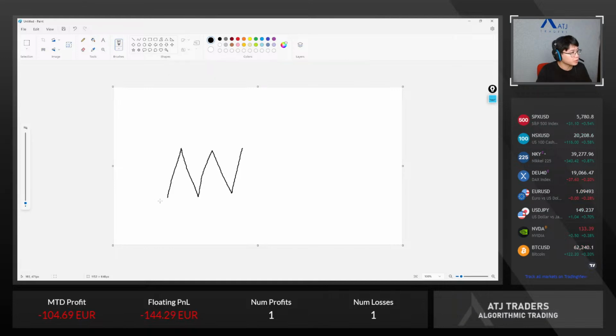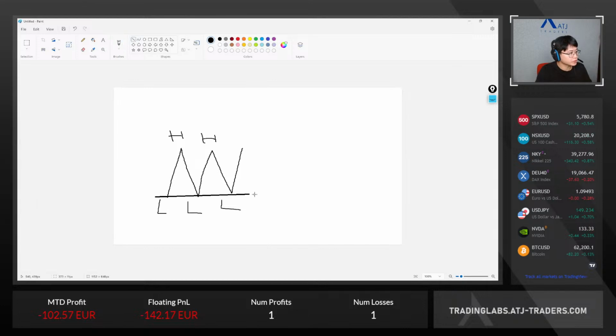So for example, this is a low, this is a low, this is a low, this is a high, this is a high, and this is whatever because it's not closed yet. Instead of candlesticks, we're going to convert the candlestick price action into just lows and highs.